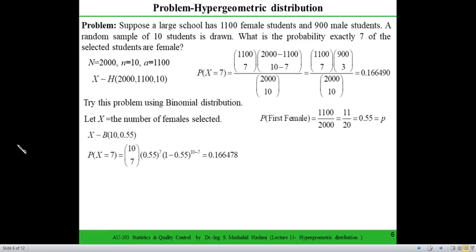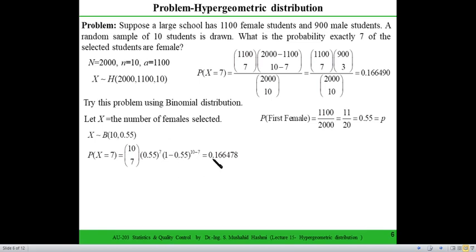So I take 0.55 as my probability of success, and the number of trials would be 10, and the probability of getting exactly 7 females would be 10 combination 7, times the probability of success 0.55 to the power x, times 1 minus the probability of success, the probability of failure, to the power 10 minus 7.